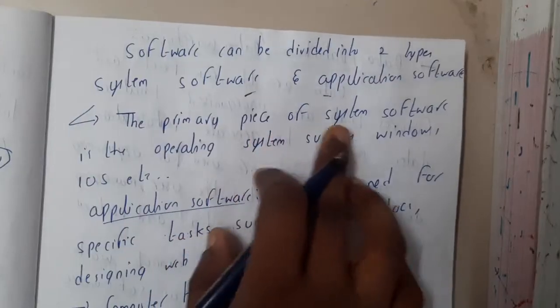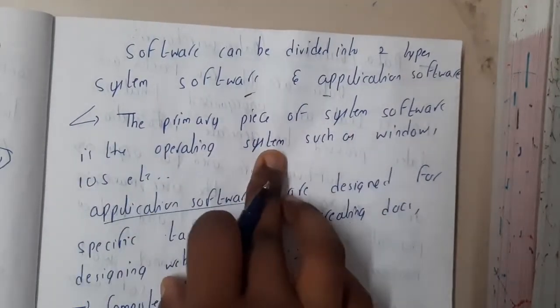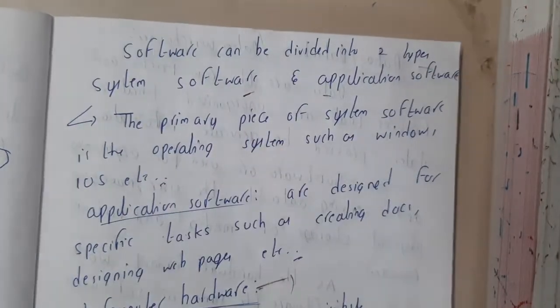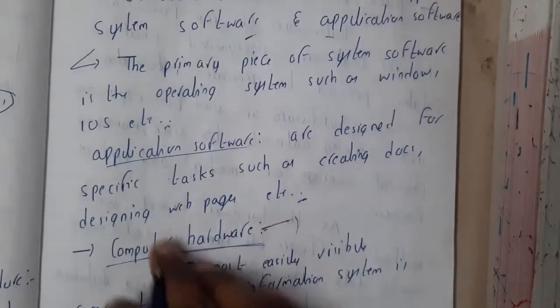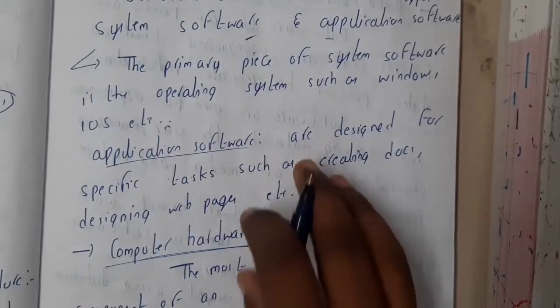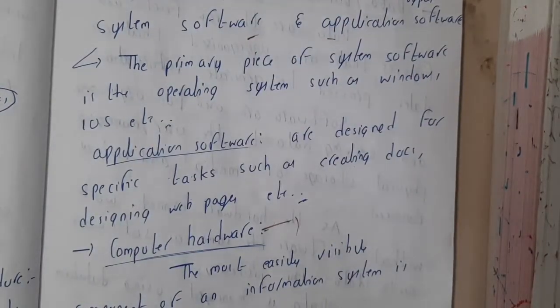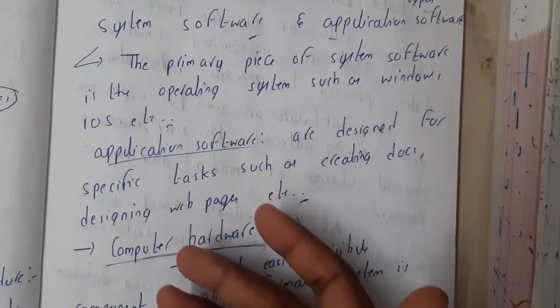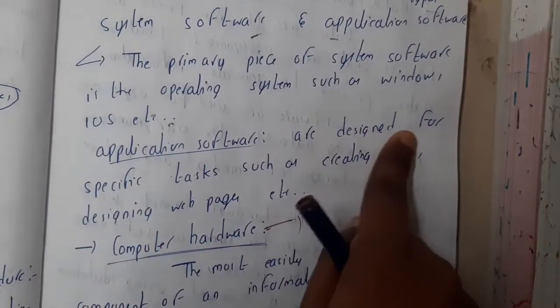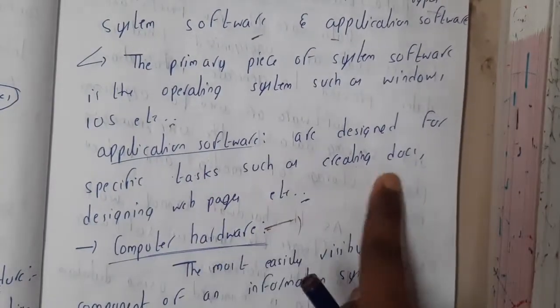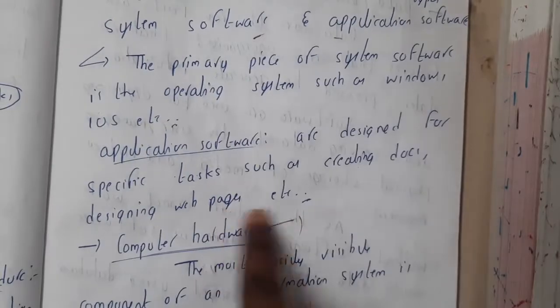The primary piece of system software is the operating system, such as Windows, iOS, or Mac. Application software, in simple words, is software installed on top of system software, like games and video editing applications. They are designed for special tasks such as creating documents and designing webs.